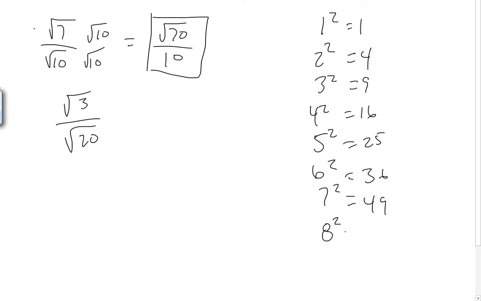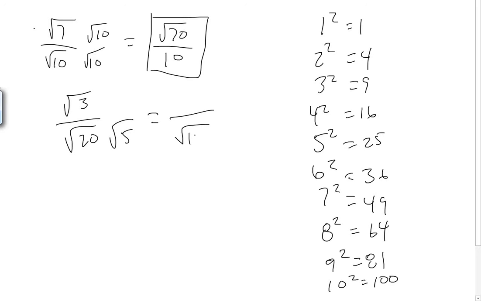So far 20 is not going into any of these. 64, 81, but 20 does go into 100. So I don't need to multiply by the square root of 20. In fact, if I just multiply by 5 on bottom, I'll get the square root of 100, which is just 10.